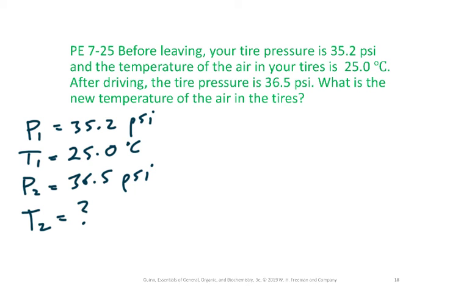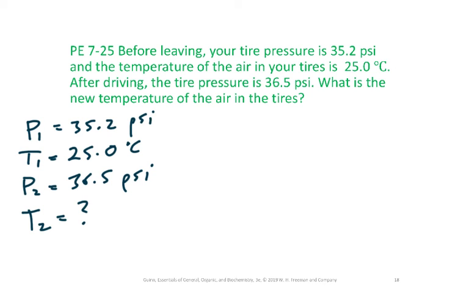Okay, a note about pressure units. PSI is a perfectly fine pressure unit. It's non-standard. We don't have to change it into anything as long as they're the same as each other, right? Because ultimately, the equation that we'll have will be a ratio of pressures. So the units will cancel out.